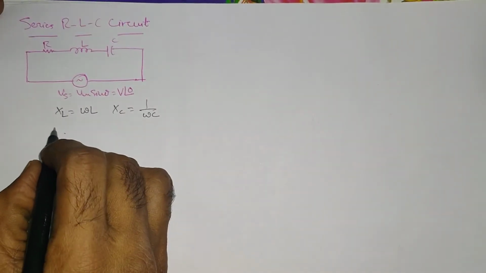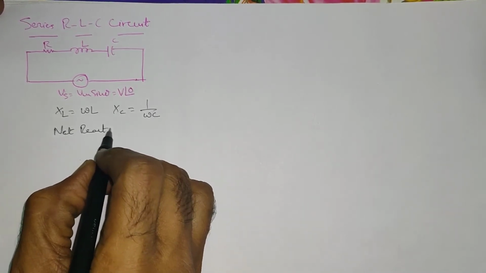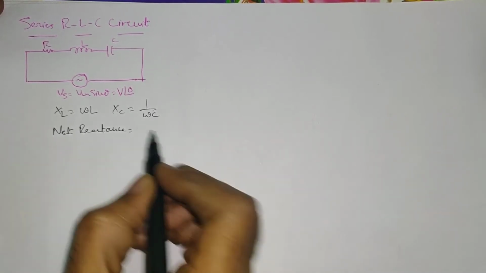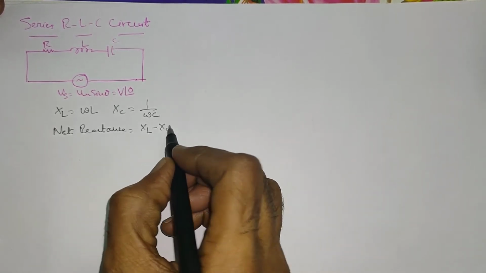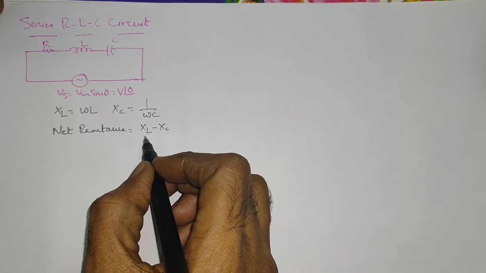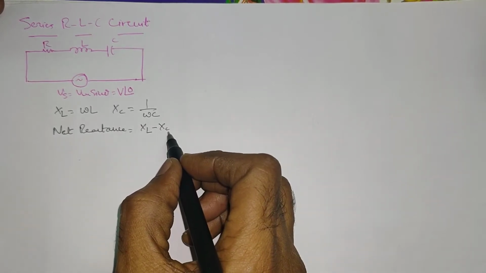Hence the net reactance or the total reactance will be equal to XL minus XC, because we know that the inductive reactance is positive and the capacitive reactance is negative.